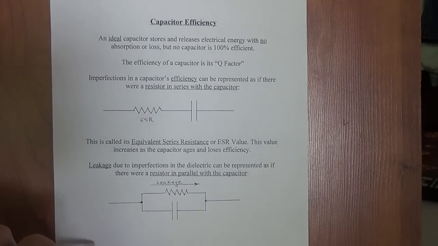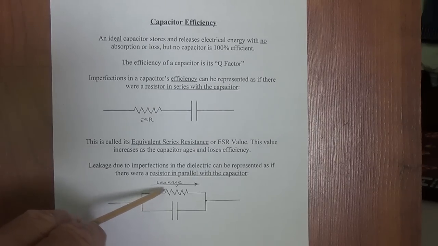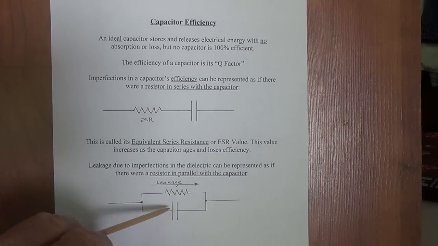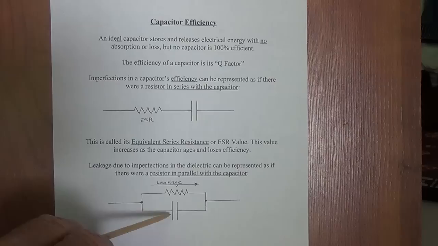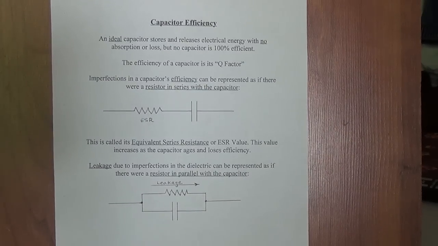The other side of the coin, however, is when we apply direct current to a capacitor, and none of that direct current should be able to pass through. If it can, we can indicate the amount of leakage that the faulty capacitor demonstrates with this parallel resistor.